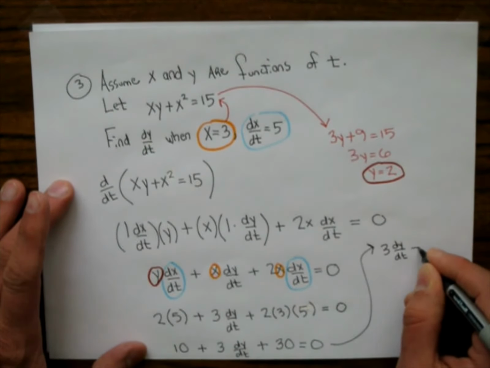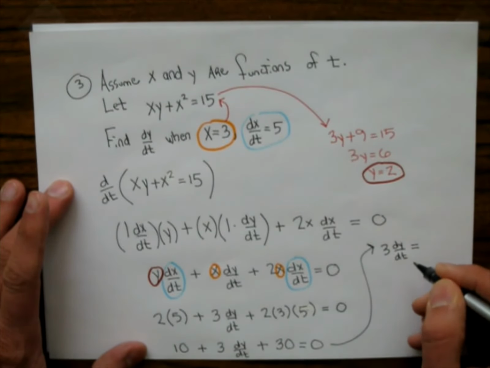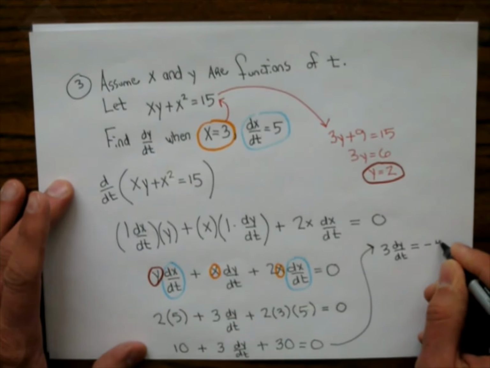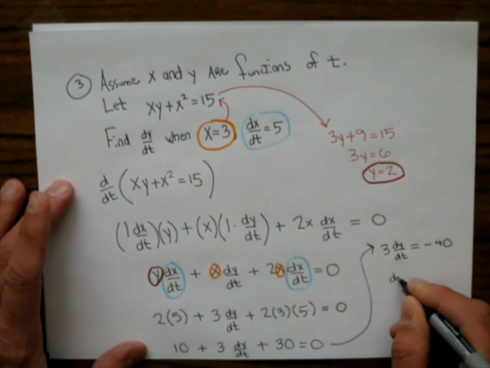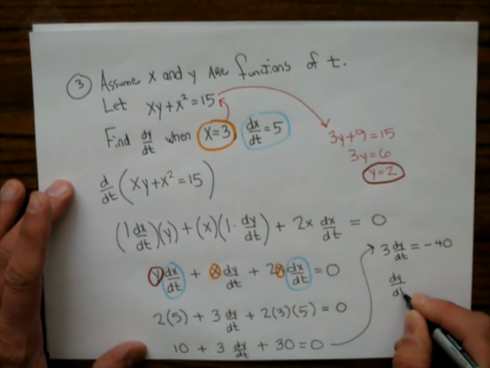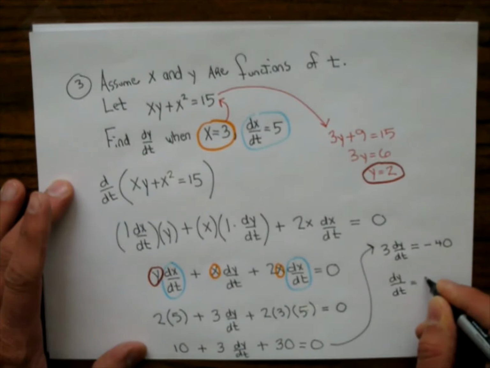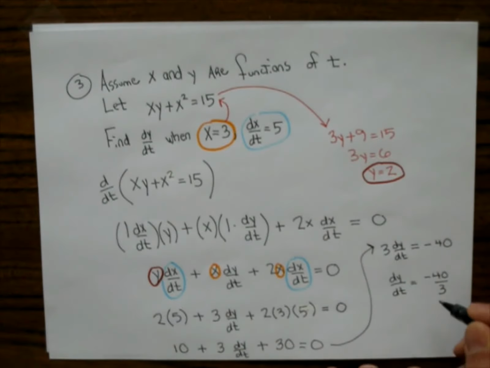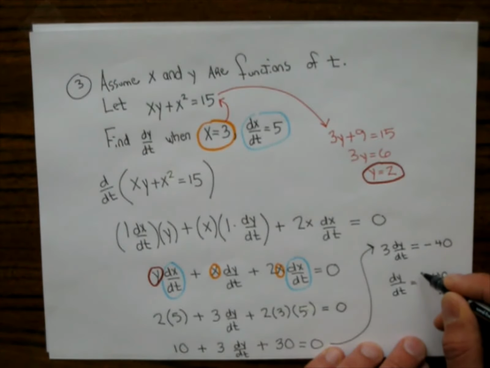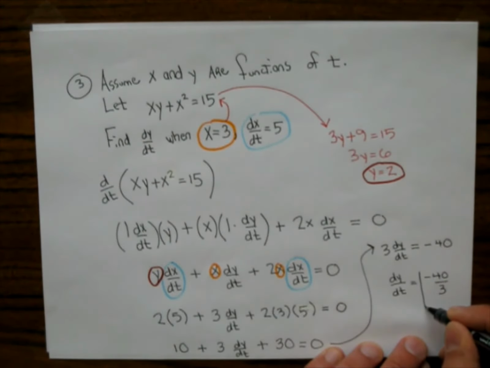Just treat dy dt as a variable. Dy dt is just one thing. So dy dt is negative 40 over 3. And that is what they were looking for.